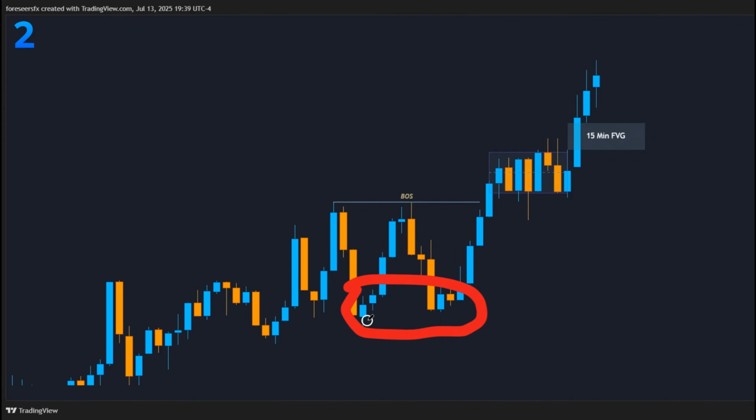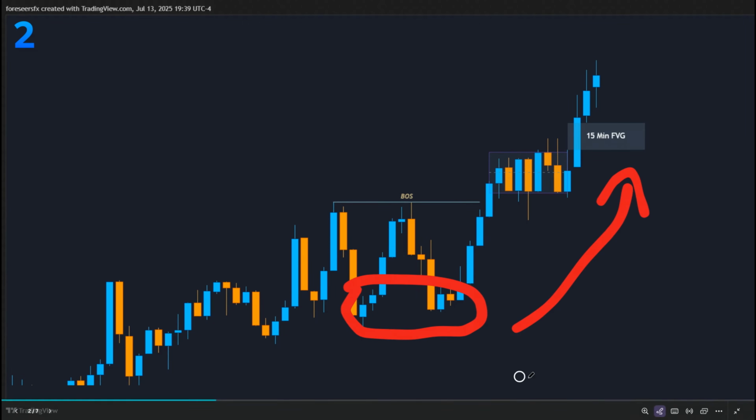Price came down, tapped into that order block, and then we started shooting up, right? We also have some consolidation in this area. So price consolidated, and we already know that ICT says that after price consolidates, it either expands or retraces, or it can reverse. So price decided to expand, leaving this 15-minute fair value gap.